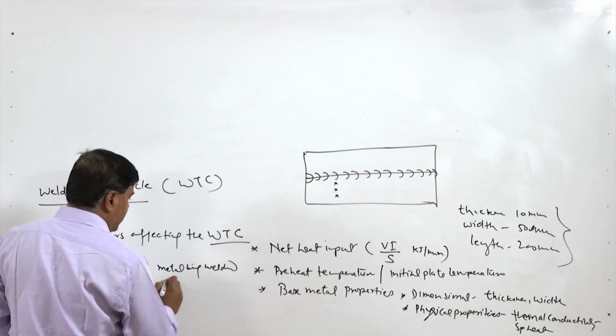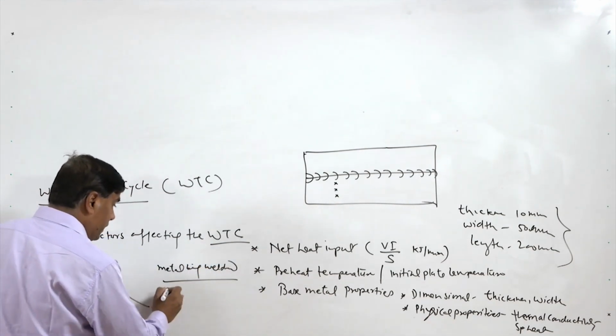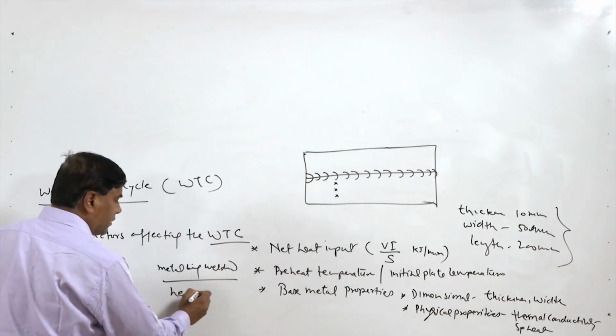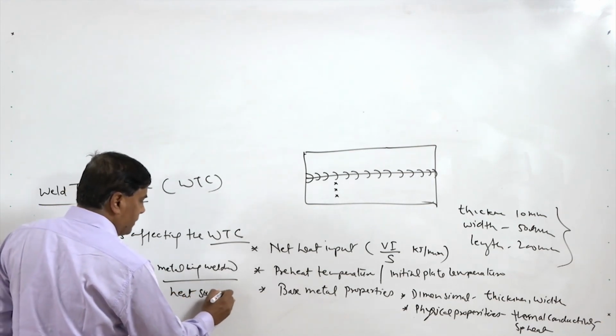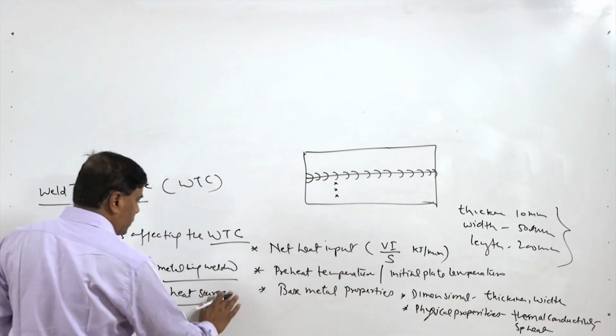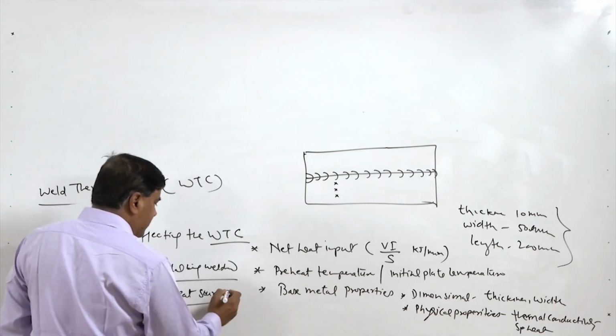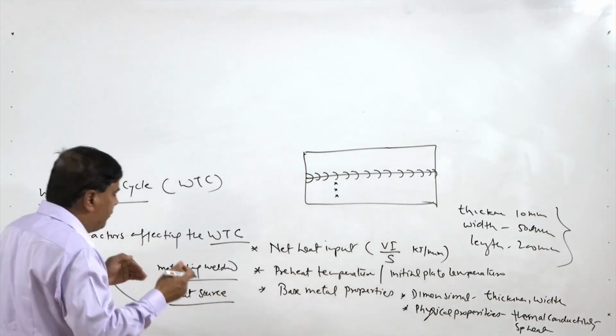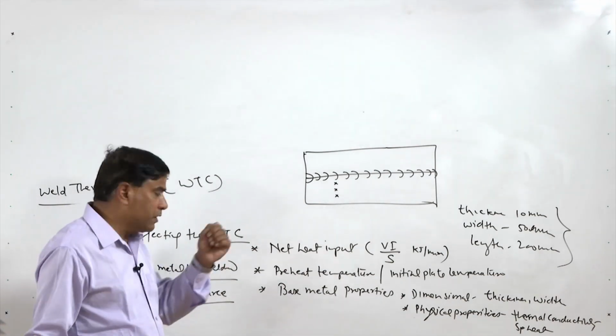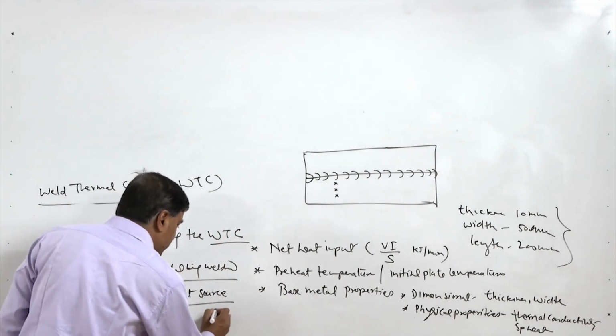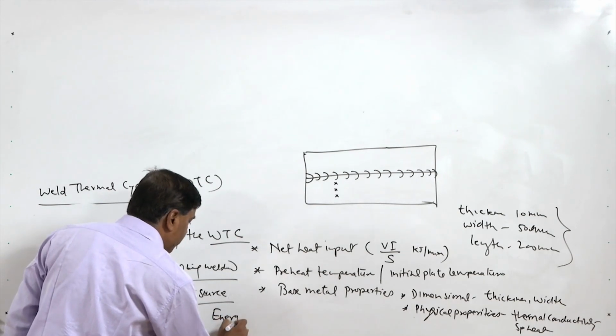As per requirement, we use a suitable heat source or welding process which will be supplying the required heat. How much heat will be supplied by the heat source for the fusion purpose in turn depends upon the energy density associated with the process.